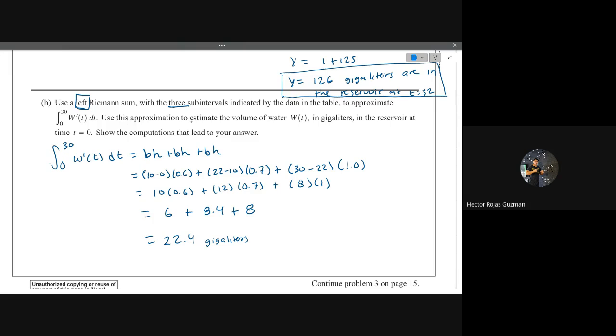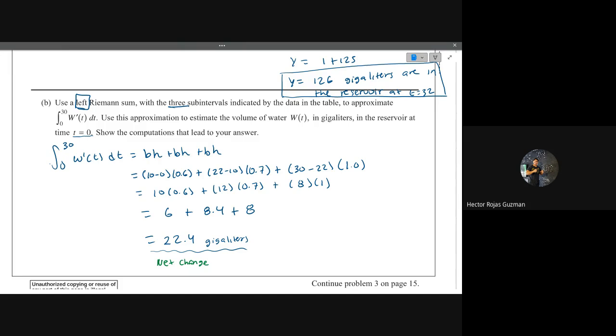Use this approximation to estimate the volume of water in gigaliters in the reservoir at t is equal to 0. Okay. Calculating the integral of a rate gives us the net change, which means the amount of water in the reservoir changed by 22.4 gigaliters from the starting point to the end point.